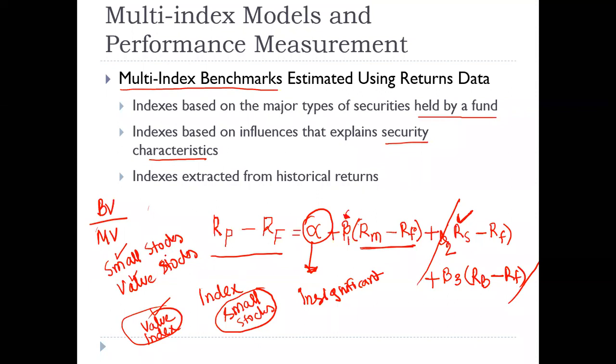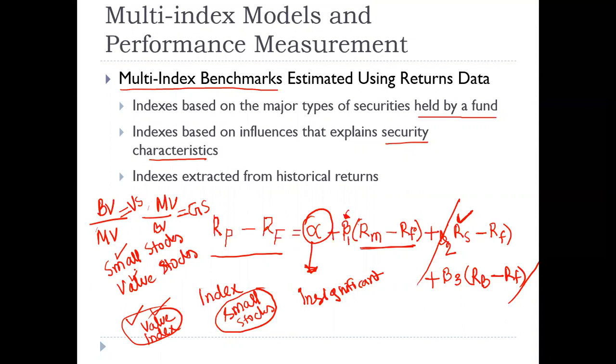I just have mentioned which stocks are value stocks, which stocks are not value stocks. If the opposite is true, market value is a bigger number, book value is a smaller number, those stocks are growth stocks. And if the book value is a higher number, market value is a smaller number, those stocks are value stocks. Okay. Now, if I ask for a value index, which stocks are expected to be included?